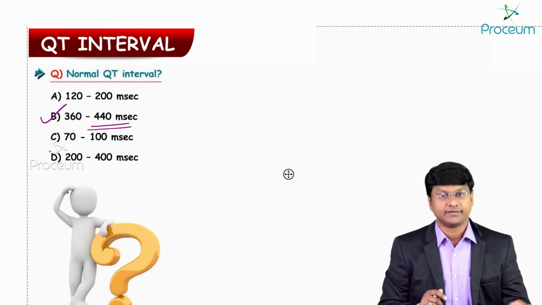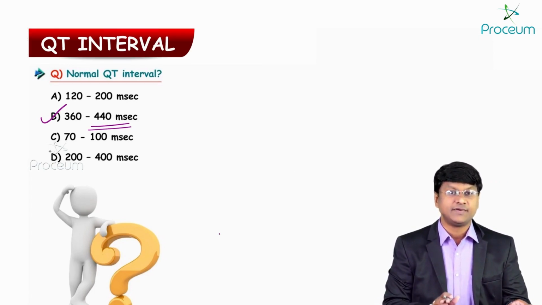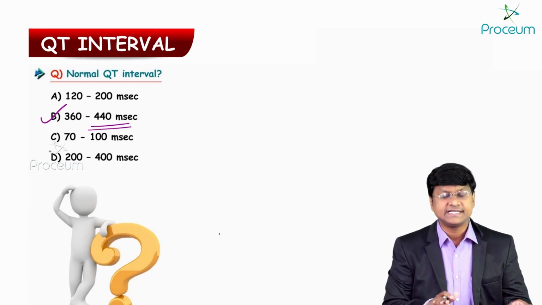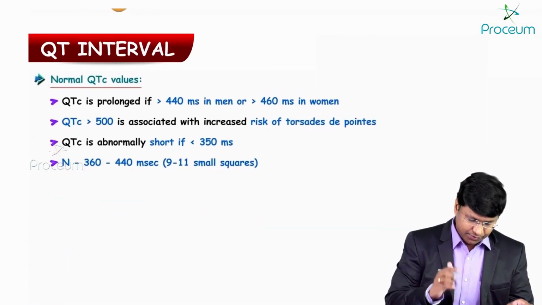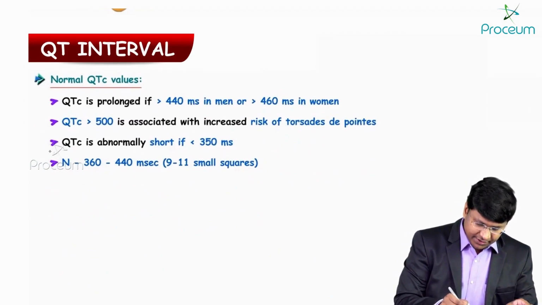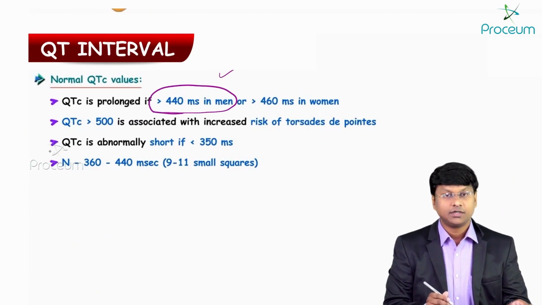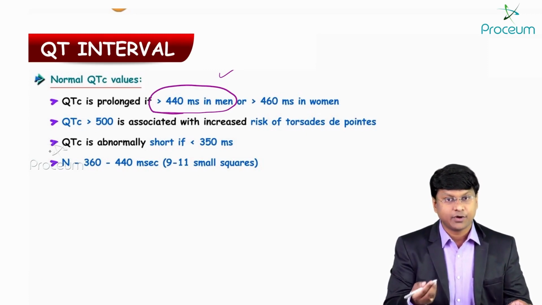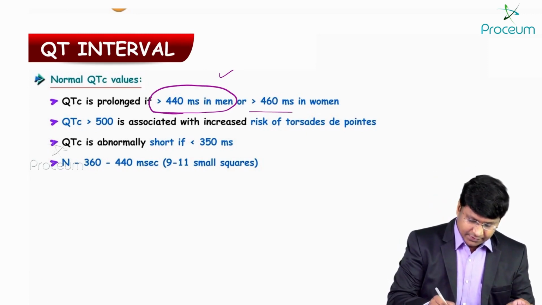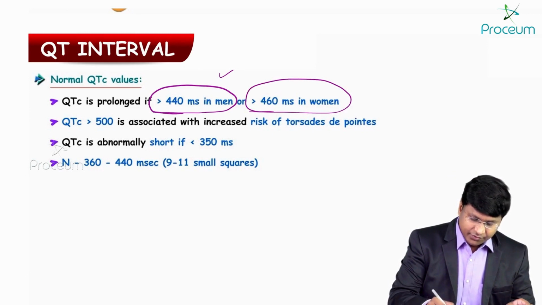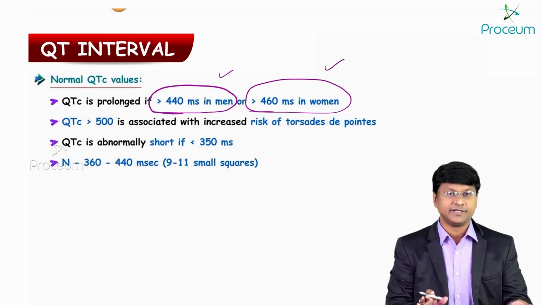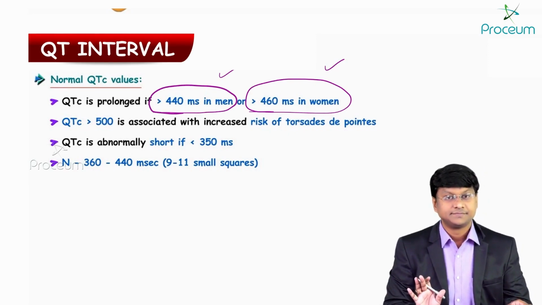But this value changes in men and women. The QTC is considered prolonged if it is more than 440 milliseconds in men, or more than 460 milliseconds in women. So this is about the normal QT interval.